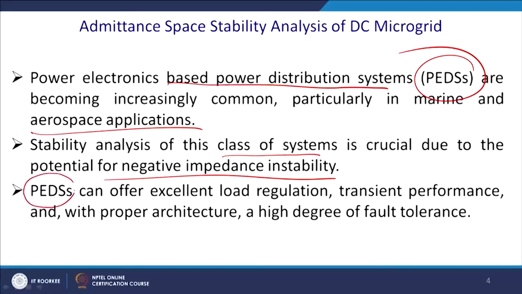Thus, what you need to do is this: these power electronics distributed systems can offer excellent load regulation. So, we need to manage this by power electronic switches, with transient performance and proper architectures, and a high degree of fault tolerance, because CPL has to be there, and it will cause the negative impedance to come into the picture.